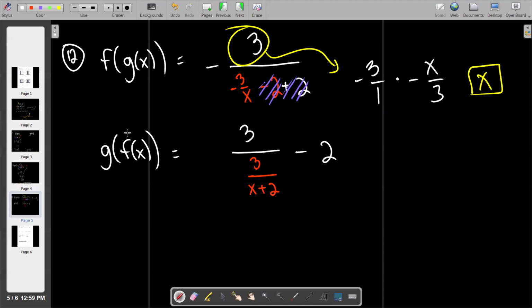And here we go again, Cooper. We're going to put the 3 over 1, then we're going to multiply it by the flippy flop at the bottom, which is x plus 2 over 3. And then you see the 3's cancel, 2's cancel after that. And you're done.